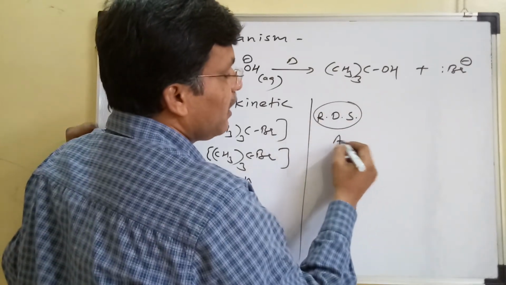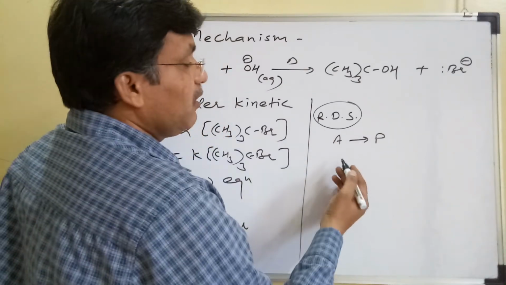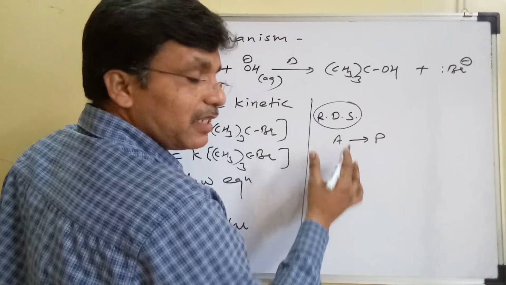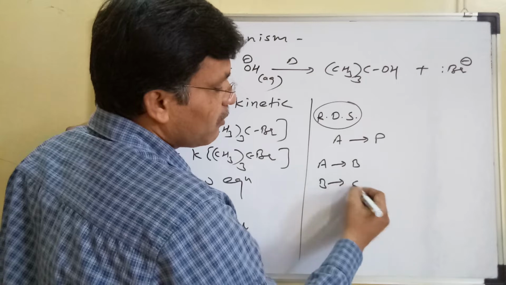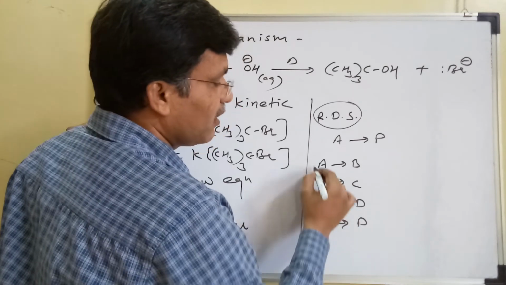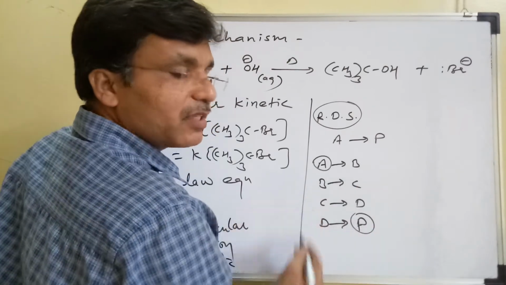So suppose A is converted into P, an example in which a number of steps are involved. So A is converted into B, B is converted into C, C is converted into D, and finally D is converted into P. That means A is converted into P. In between a number of steps are involved.